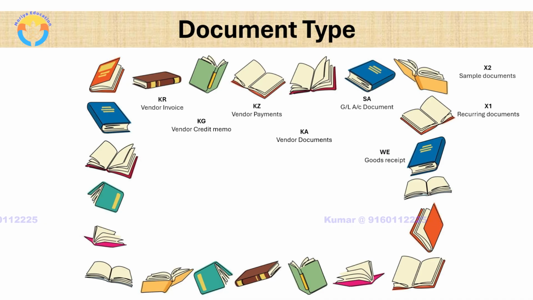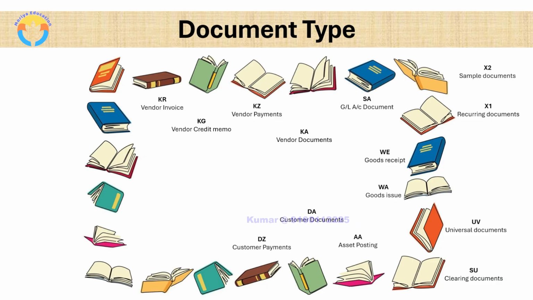WE is for goods received. Goods issue WA. UV universal document. SU clearing documents. AA is asset posting. DA. DZ customer payments. DG customer credit memo. Customer invoice DR.